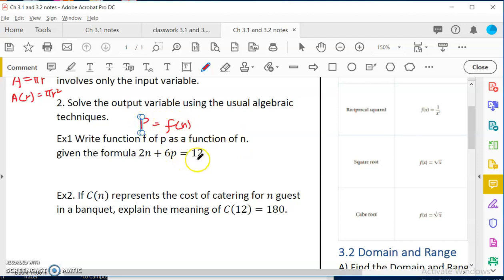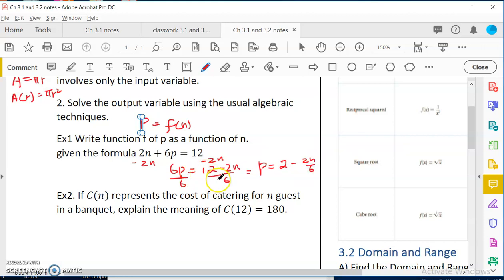But I don't have p equal. So how can I write p equal? Well, I isolate p, so minus 2n, 6p is 12 minus 2n, and you want p equal, so you divide by 6, so p is equal to 12 over 6 is 2 minus 2n over 6.